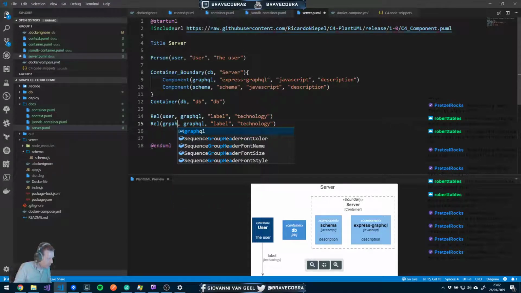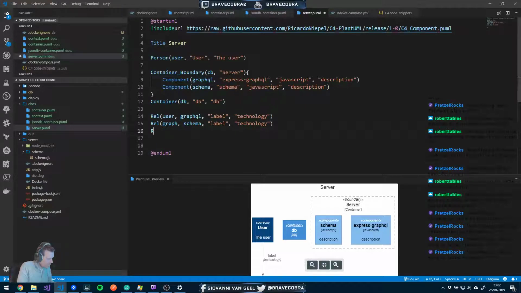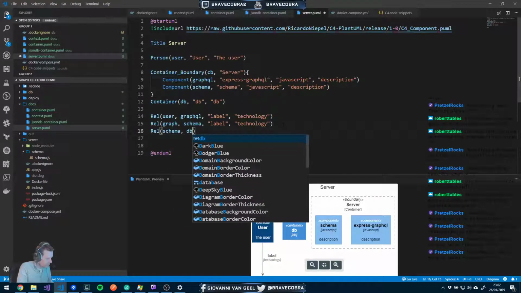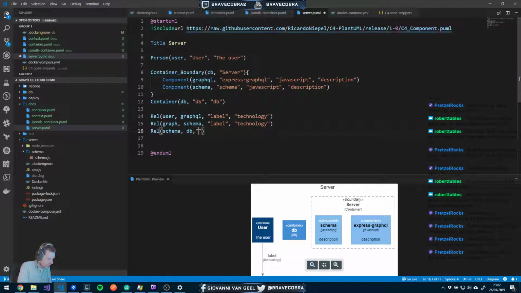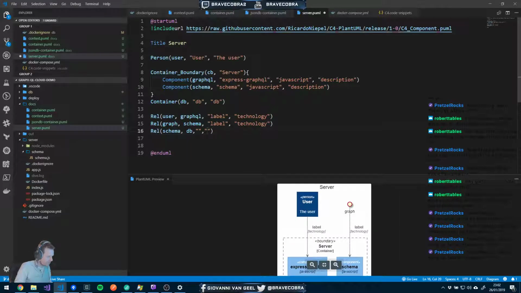The GraphQL one is connecting to the schema. And then the schema is going to the database. Yeah. And that is going to go over HTTP.